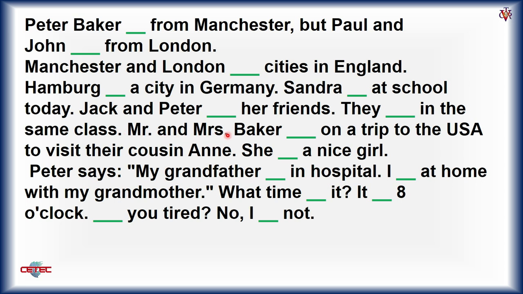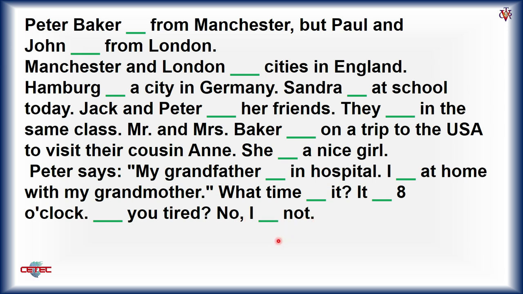Mr. and Miss Baker are on a trip to the USA to visit their cousin Anne. She is a nice girl. Peter says, my grandfather is in the hospital. I am at home with my grandmother. What time is it? It's 8 o'clock. Are you tired? No, I am not.